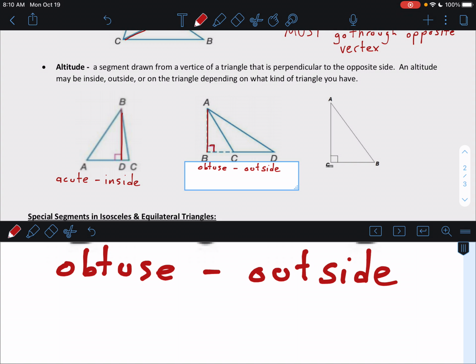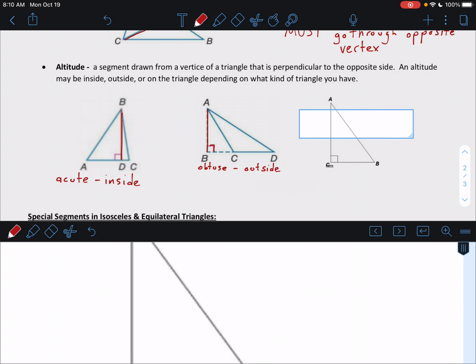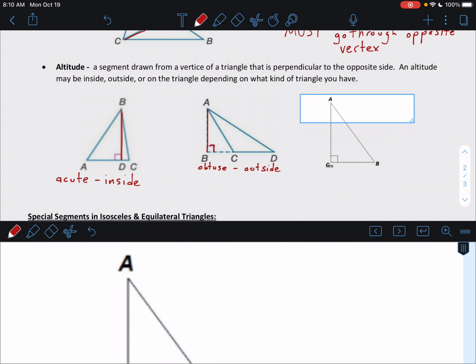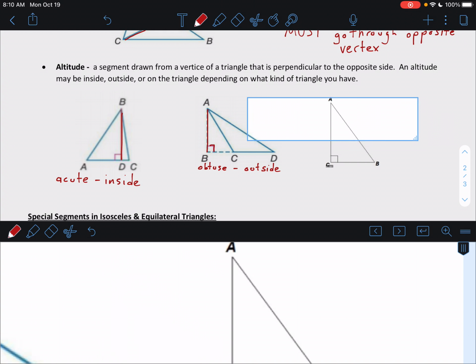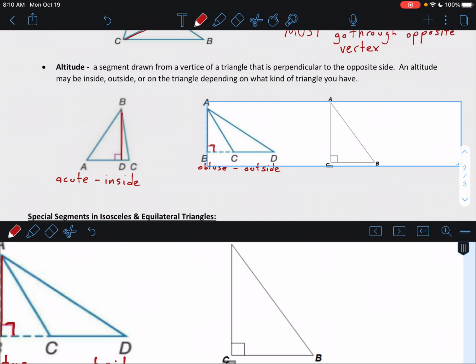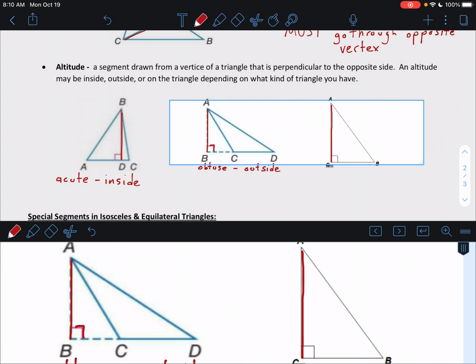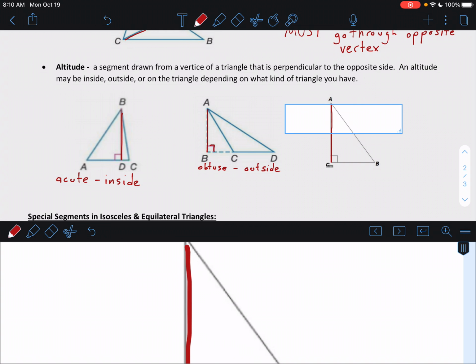And the third type of altitude we would see would be on the triangle. So let's see, we have this triangle ABC, and the altitude here is going to be this segment AC. And AC is also a segment on that triangle.